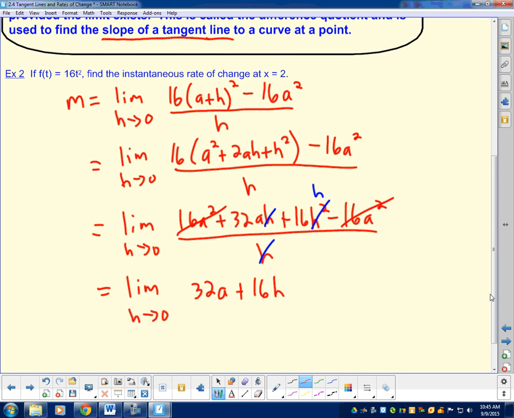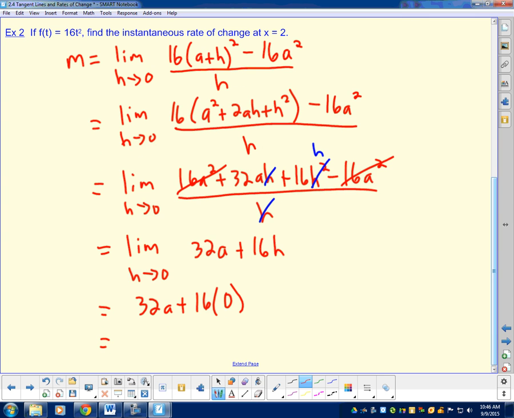And then go ahead and evaluate this limit as h approaches 0. We just plug in 0 for h. So that's gone. It's 32a plus 16 times 0, and that equals 32a.